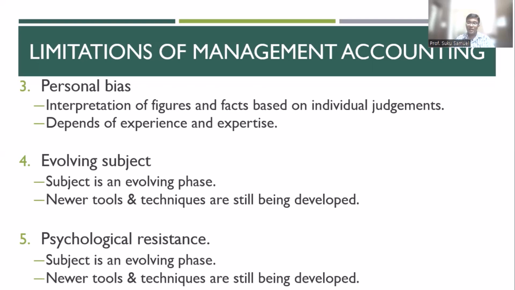Let's say person A sees the figures and values and interprets them in a certain way, whereas when another person sees the same information, they interpret it in a different way. So personal bias could be a serious concern. Interpretation of figures and facts is usually based on individual judgment.